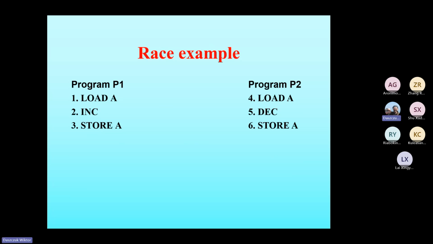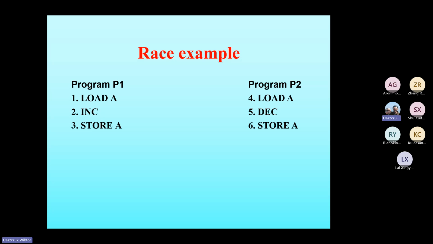This is a simple example of race. We have two programs, P1 and P2, and we have a common variable to those two programs. It is a shared resource. Variable A is a shared resource of those two programs.